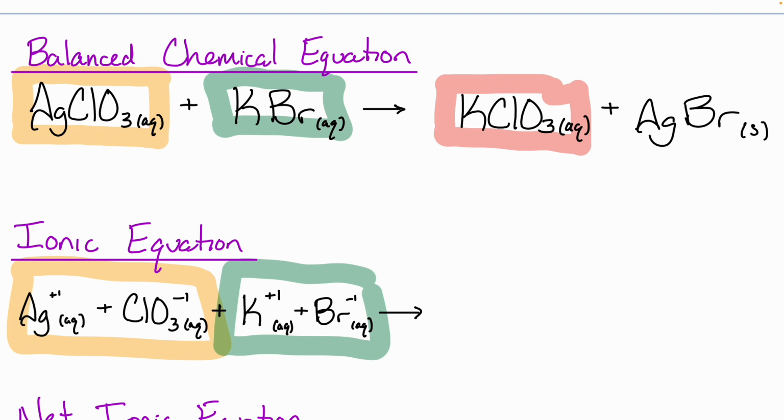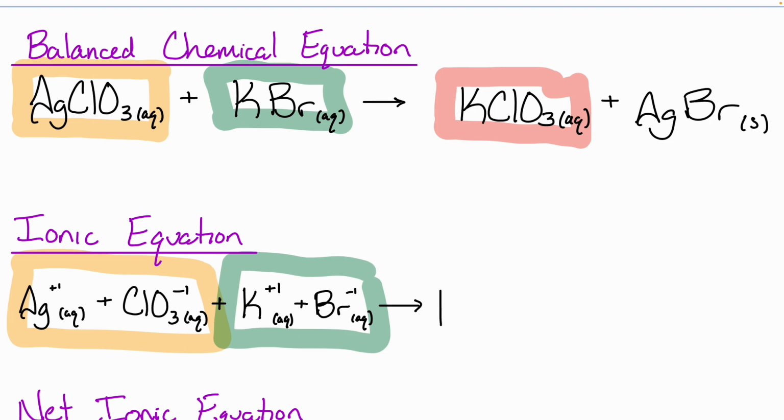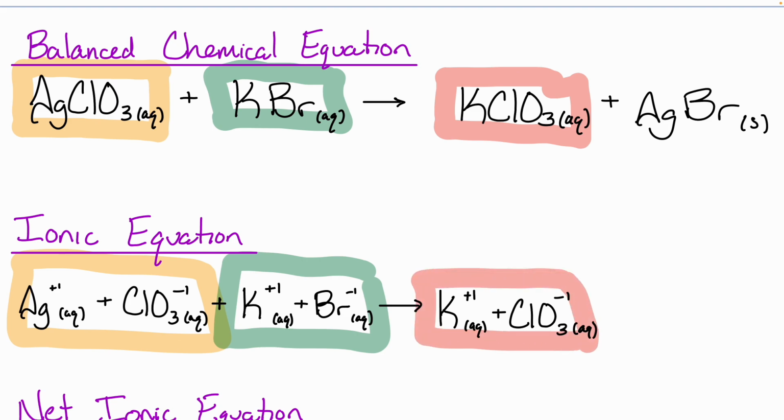So now we're on our product side, and I'm going to break up that potassium chlorate. And am I going to break up my silver bromide? No, because that is not aqueous. It's got that solid, so all you're going to do is copy and paste that formula.